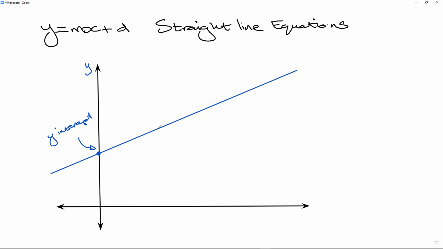The gradient is if I start from the y-intercept and I travel towards the right to a certain point, horizontally, parallel to the x-axis, and I go up vertically parallel to the y-axis, such that this is 90 degrees, we take this value, which is known as your rise, and we take this value, which is known as your run, from A to B, let's say, and then from B to C. We take rise divided by run, starting at the y-intercept, which is going to be BC over AB.